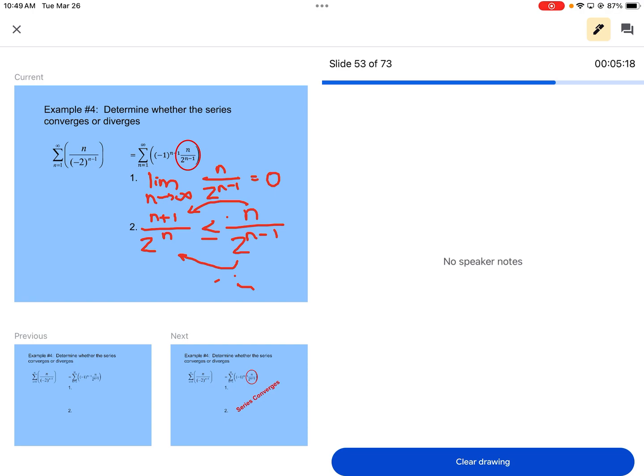So once we check those two, that means what? Which one's bigger? This one is bigger than this one because the denominator gets so much bigger here that it makes the fraction smaller.